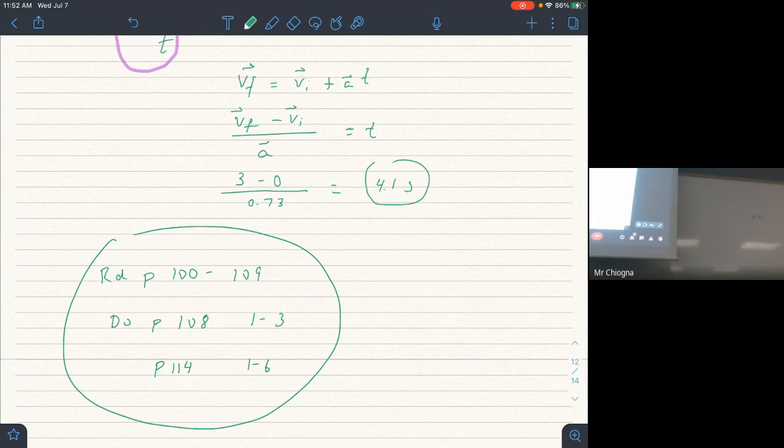Page 100, what question was that again? Number 8? 10? 940 kilograms. And the other question?